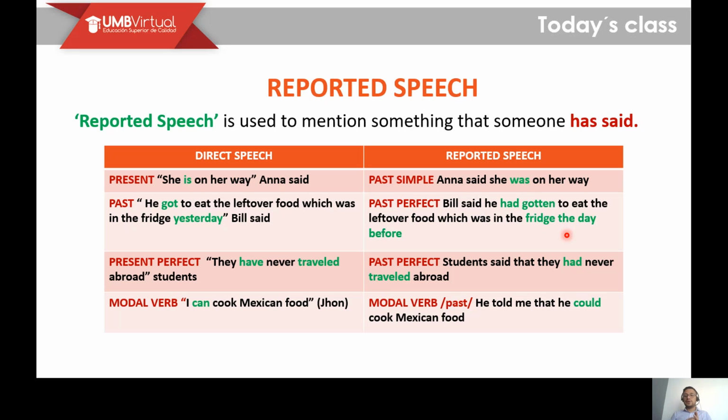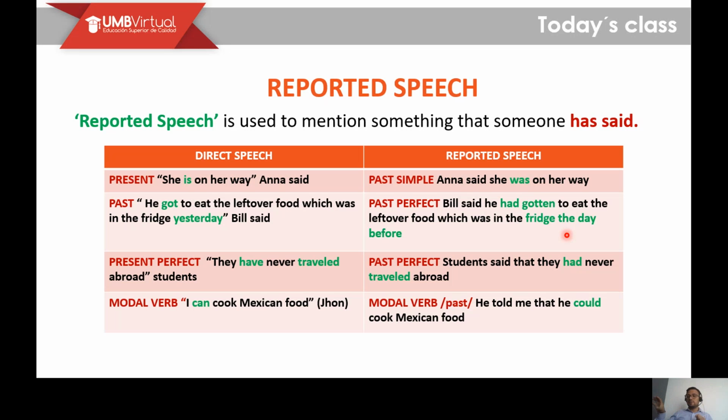Listo. Entonces se tienen en cuenta varios aspectos. El primero es el tiempo gramatical en el que lo dice la persona. ¿Listo? En reported speech, lo que vamos a hacer es que tenemos que irnos un tiempo gramatical hacia atrás. ¿Por qué? Porque así es la forma. Cuando nos lo dicen, están en un momento de la vida y cuando yo lo digo, ese momento ya pasó, así que yo tengo que volverme a ese momento en que me lo dijeron, ¿cierto?